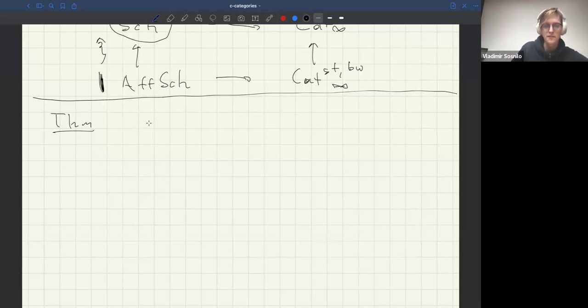You have the category of bounded weighted stable infinity categories, and you have this functor of taking the heart of the weight structure, and this gives you an additive, at least an additive infinity category.